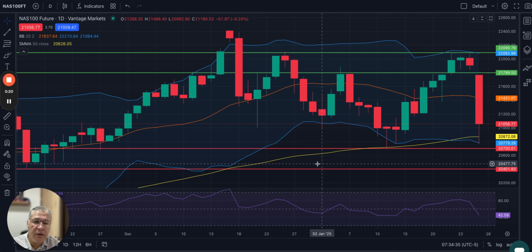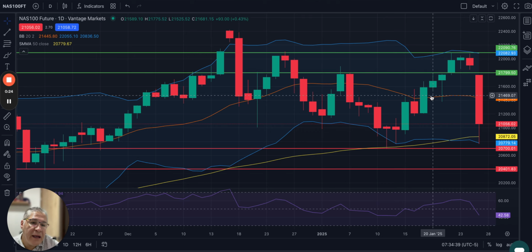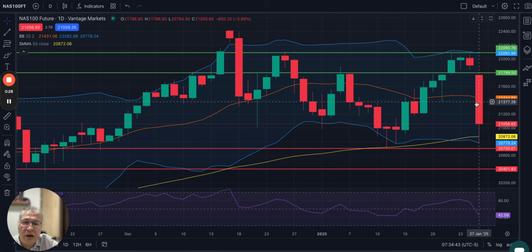Today we are starting the week with a strong parabolic move to the downside across the board on different assets, on all of the indices. So we closed in the red on Friday, and we are opening with a gap down today and a strong retracement.